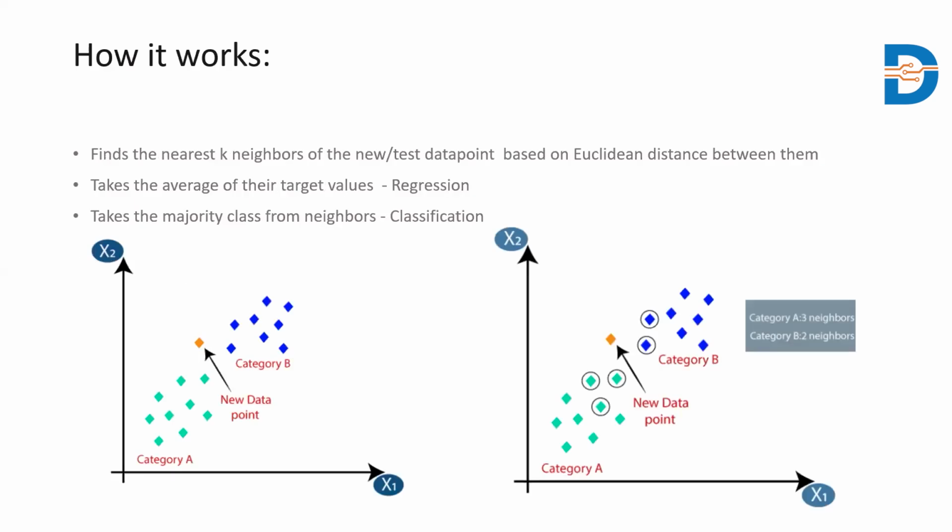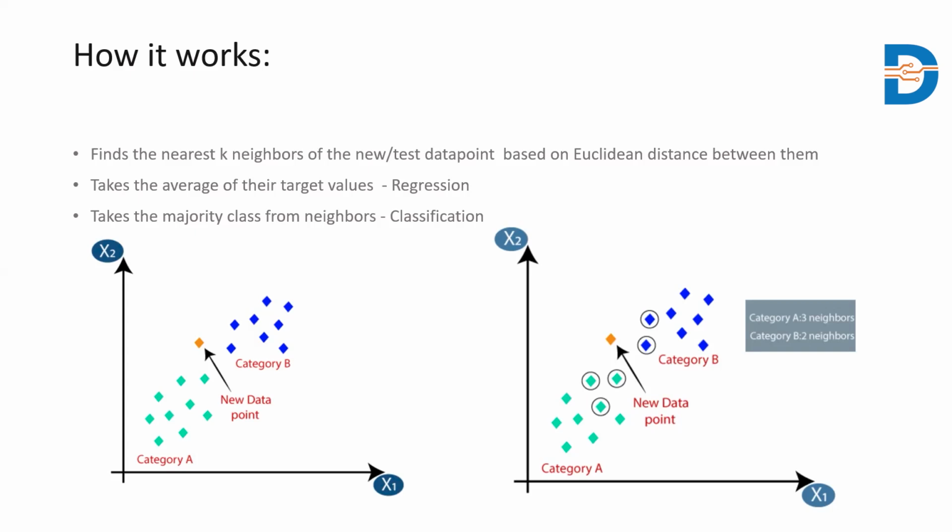Now let us look at how KNN algorithm works. The basic outline of how the algorithm works for both classification and regression is the same. Once a new data point has come in, as you see in the picture, the nearest neighbors are picked for this new data point based on proximity. So it calculates the distance of each new point to all the training points and picks k nearest neighbors.